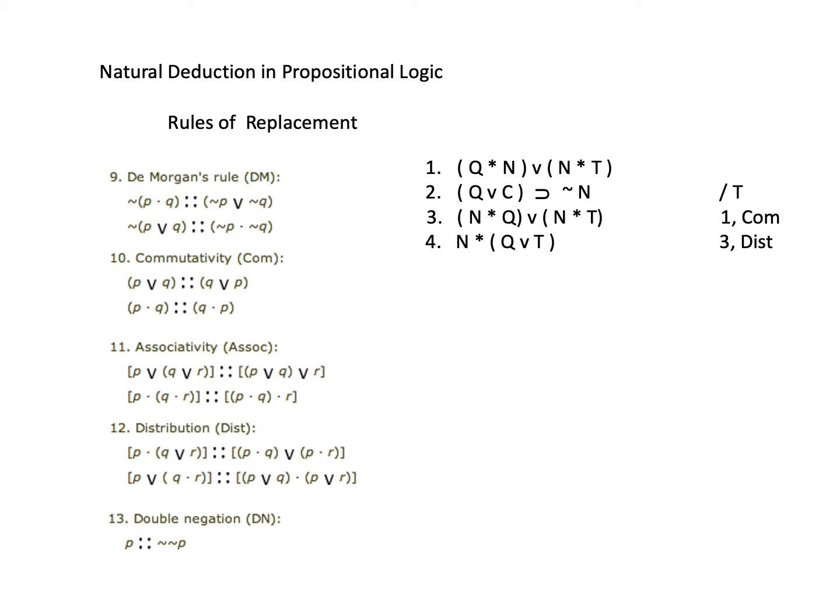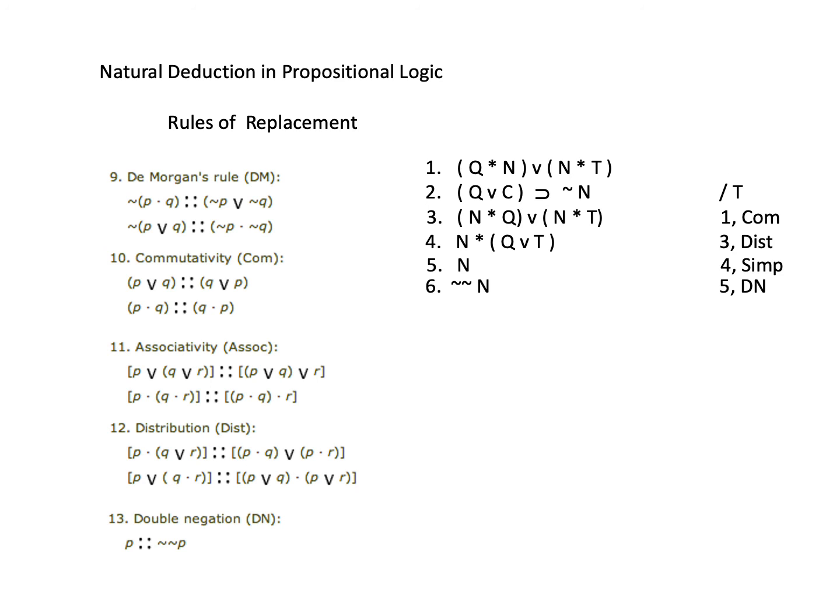Now I'm in a position to simplify and put N on a line by itself, and that's going to set me up for modus tollens on line 2. But since the consequent is a negation, I'm going to have to first negate N so that it can negate the consequent. So I need to use double negation, and so line 6 is tilde tilde N by 5 double negation.